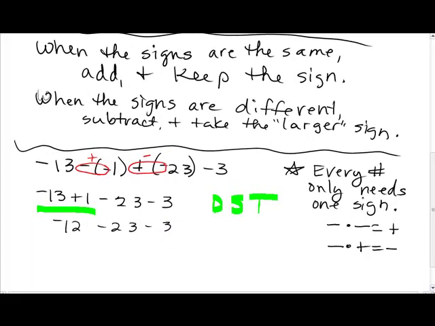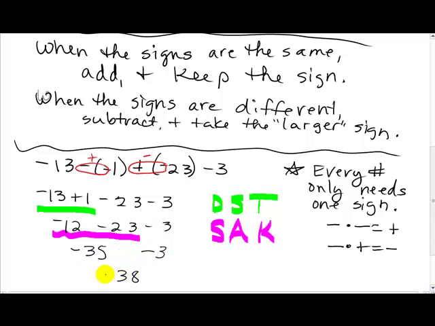Then we're going to look at the next one here. Negative, negative, those are the same. So it's same, add, keep. 12 plus 23 will give us 35, and we'll keep the negative. Again, they're the same. So we add them, and we keep our negative sign.